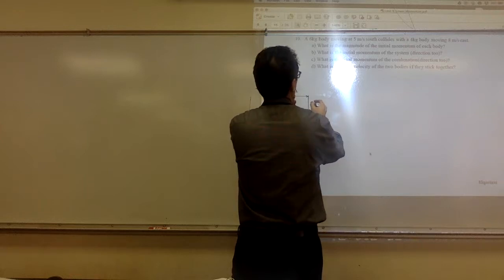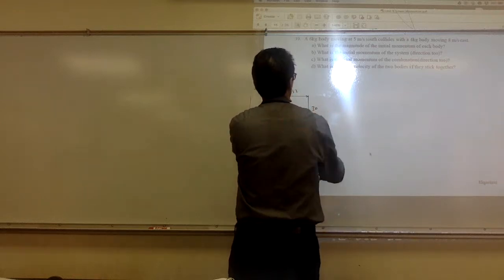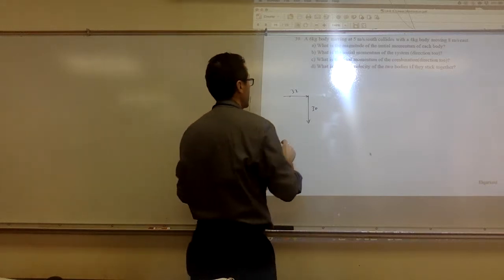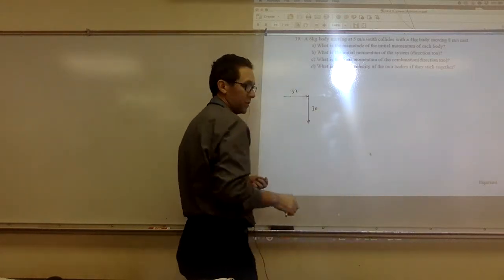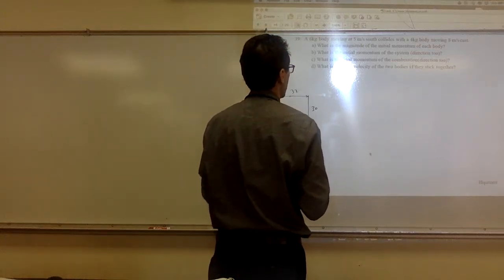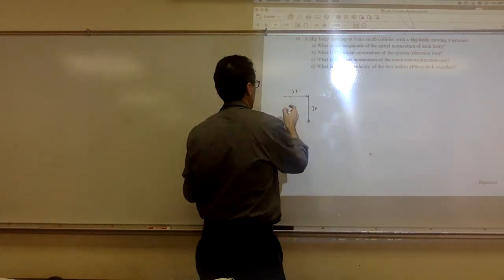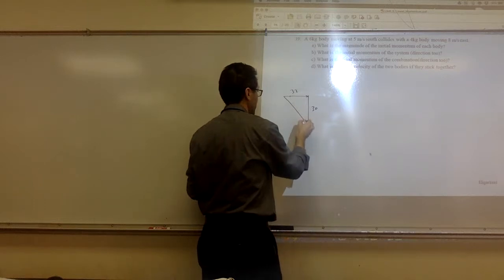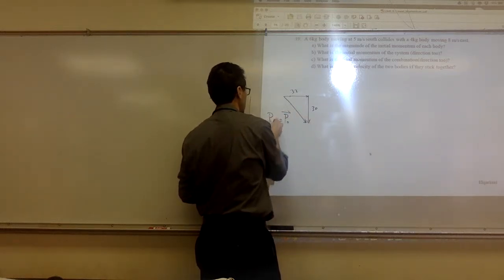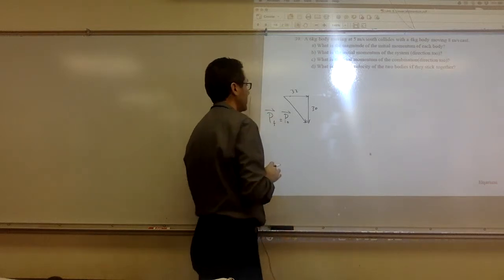Okay, this has 30 kilograms meters per second. What is the magnitude of the initial momentum of each? So we already calculated those. So it's 32 and 30. What's the initial momentum of the system? Well, this is the total momentum of the system. So that's your initial momentum, which also is going to be the same as your final momentum.